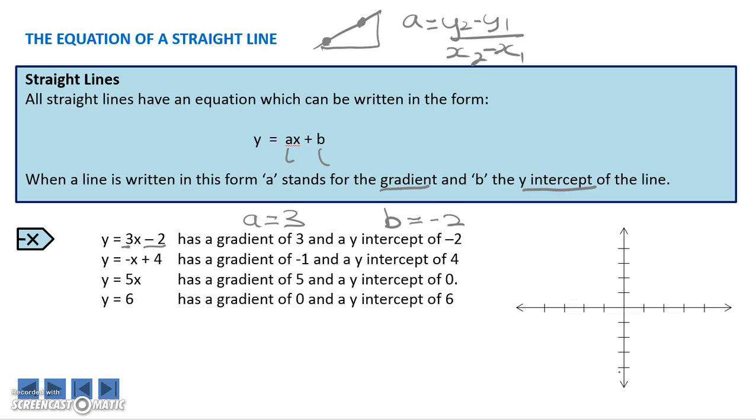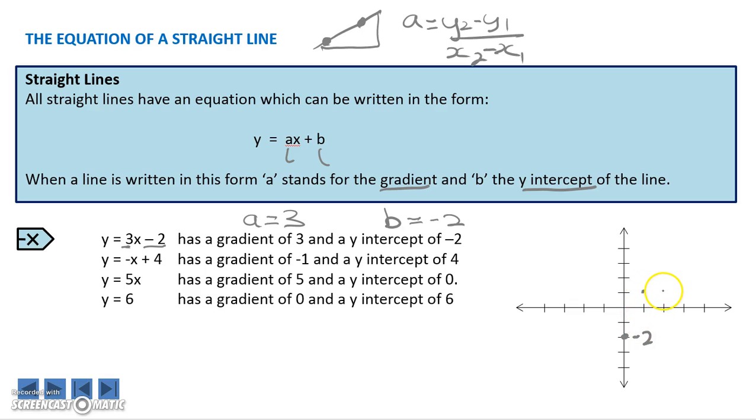Okay, so the minus 2 tells me that it's going to cross the axis at this point. So that point would be 0, minus 2. It also tells me it's got a gradient of 3. So if I was to go across 1, I would go 1, 2, rise 3.